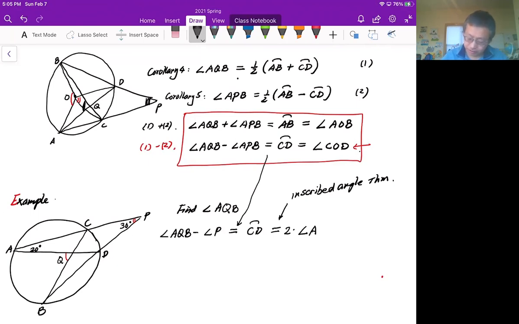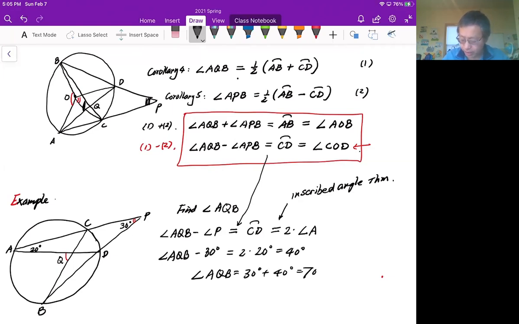The angle AQB minus angle P, where angle P is 30 degrees and the angle A is 20 degrees, so that's equal to 40 degrees, right? And therefore, the angle of AQB is 30 degrees plus 40 degrees. That's equal to 70 degrees, right? So if you remember all of those formulas, then you can get the answer very fast, right?